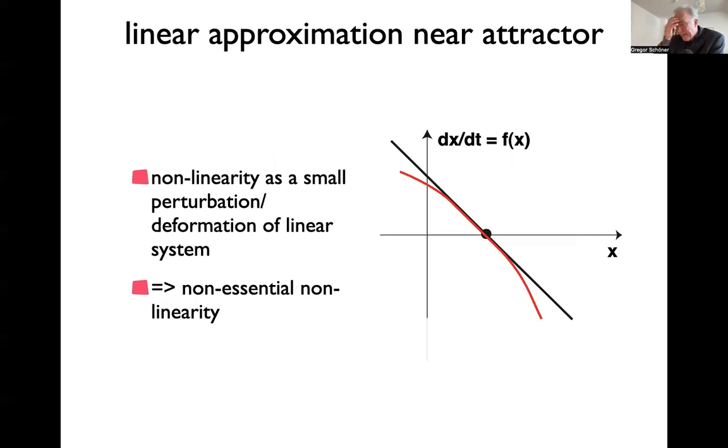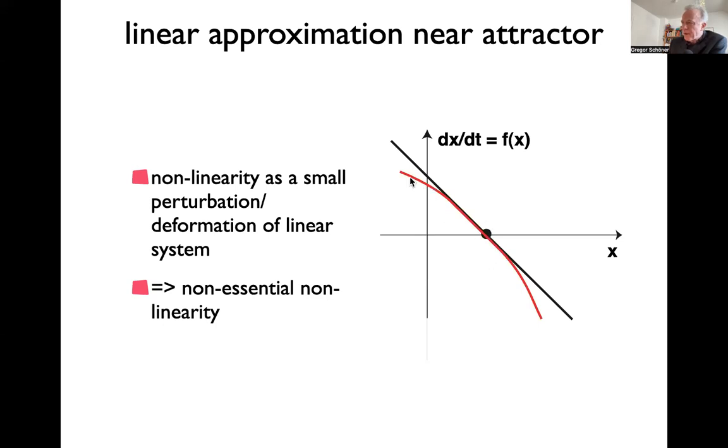Good. Now, I just want to make it a little bit more formal by talking about linearizations and eigenvalues and things like that. So here, this actually maybe harks back to the question Ali, I think was your name, just asked. Is the inflection point here right at the fixed point?